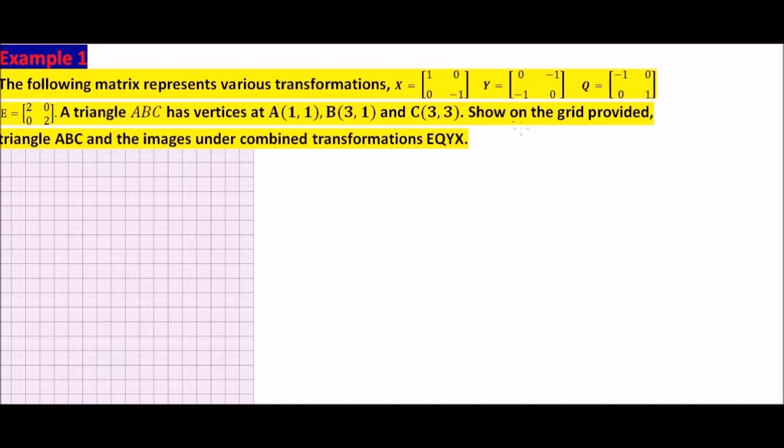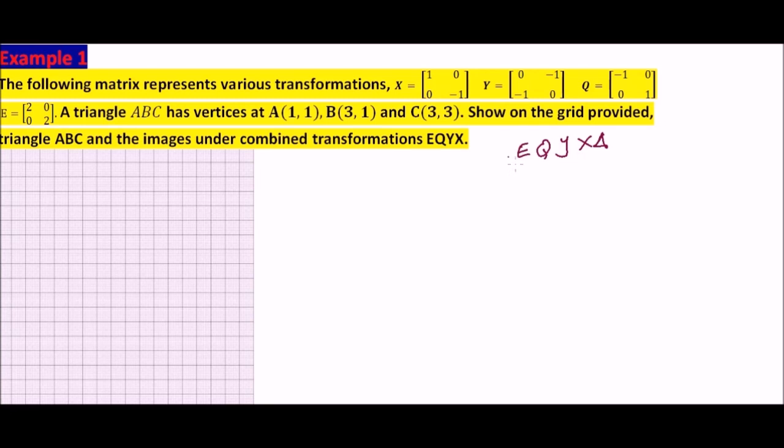Show on the grid provided triangle ABC and the images under the combined transformation E, Q, Y, X. So this one we read X, Y, Q, E. If this is our triangle, we start with X, move to Y, we go to Q, and finally we go to E.